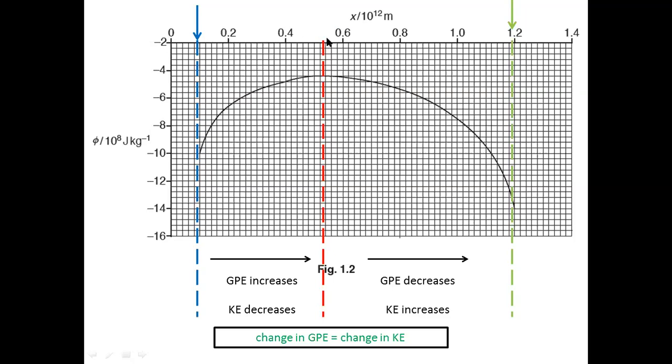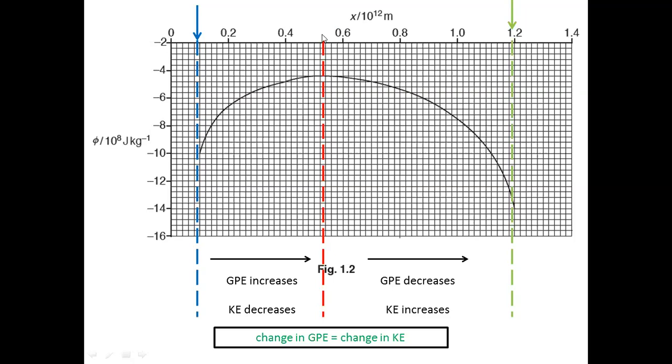But once it crosses this position, around this position over here, the net effect on the rock is to be attracted towards star B. So since it's attracted towards star B, it will be able to continue moving even if at this position, its speed is momentarily 0.